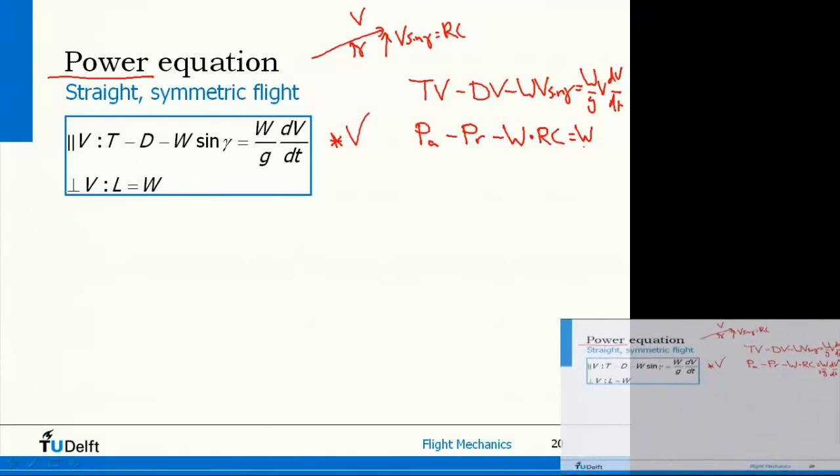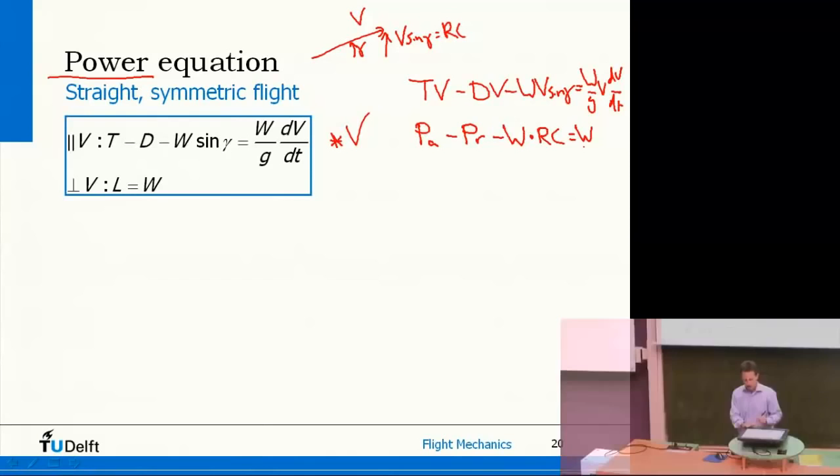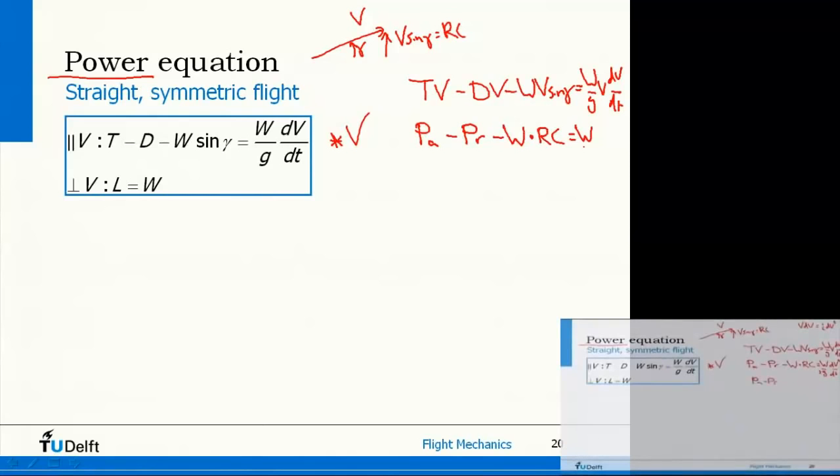You don't have to do this final thing, but all I'm saying is that v dv is equal to a half dv squared. So if you take this, you can also say, well, power available minus power required, and I'm dividing by weight now, is rate of climb plus 1 over 2g dv squared dt.